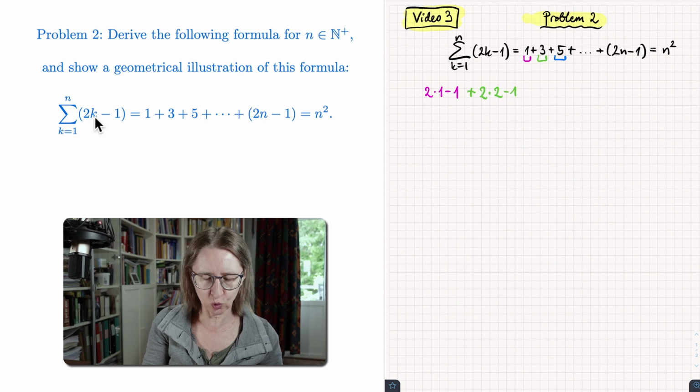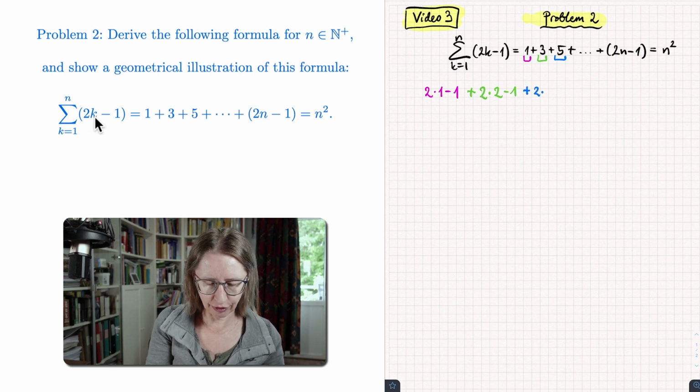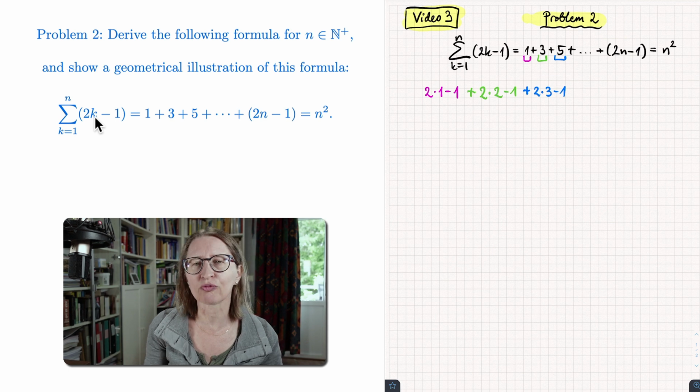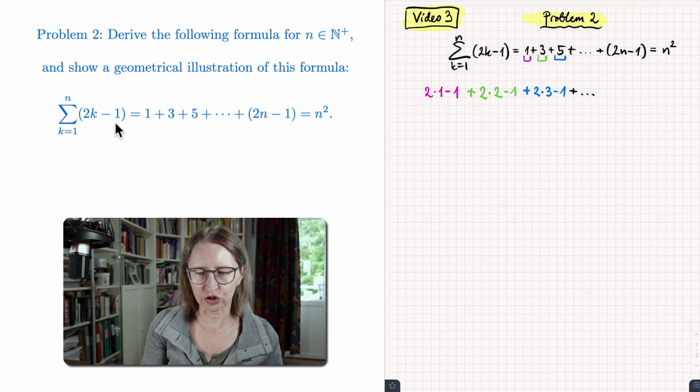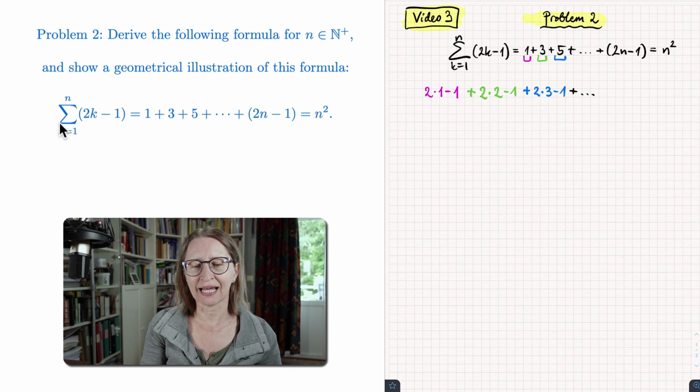I will get 2 times 3 minus 1. It is obviously 5. So now you see how to understand this notation, right? I put 1 instead of k, then 2, then 3, and I produce these numbers, which will be our odd numbers, which are coming directly after each other.